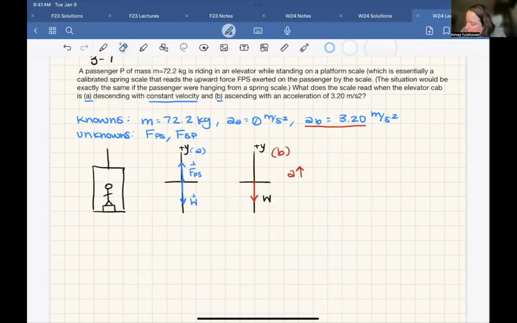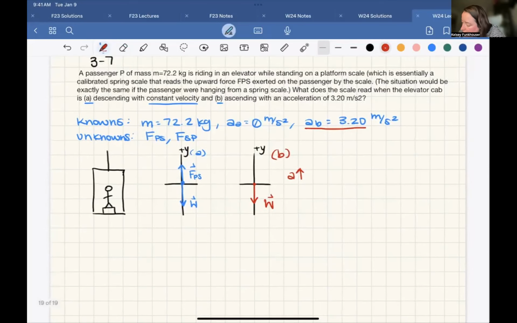Oops. Pretend it is the same size vector as the one for part A. That was just my bad. They should be the same size. And then the force on the passenger from the scale should be bigger than the weight force because the net force needs to point in the same direction as the acceleration.